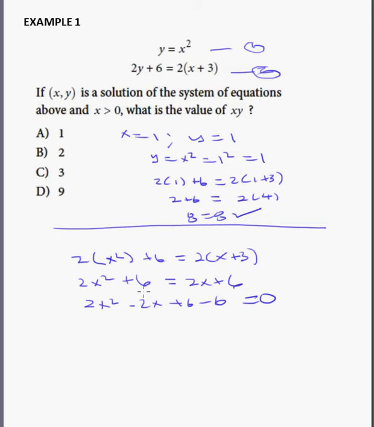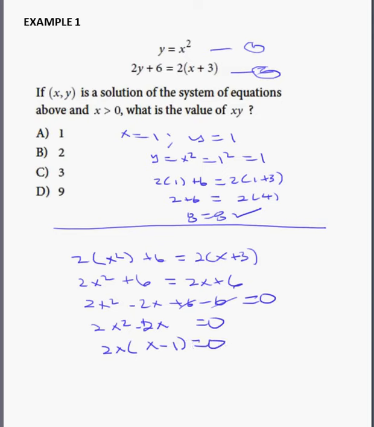What I've done is I've subtracted 2x from both sides and subtracted 6 from both sides. So that gives us 2x squared minus 2x is equal to 0. The 6s cancel out, as you can see. And we can simplify this and say 2x outside, so 2x times (x minus 1) is equal to 0.